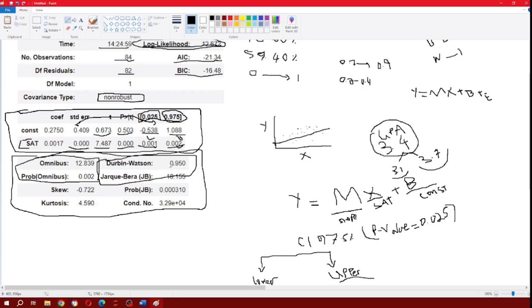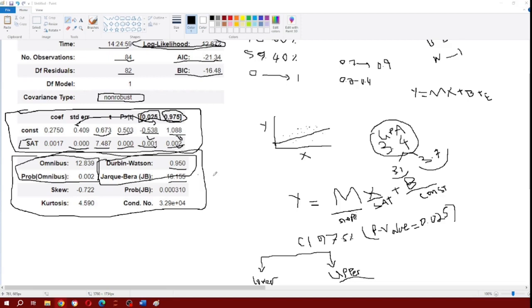The test goes from 0 to 4. With a value of 0.950, we can be sure that there is no autocorrelation. But if it exceeds 4, then we can suspect autocorrelation, and we need additional advanced tests to decipher the autocorrelation problem that we detect here.